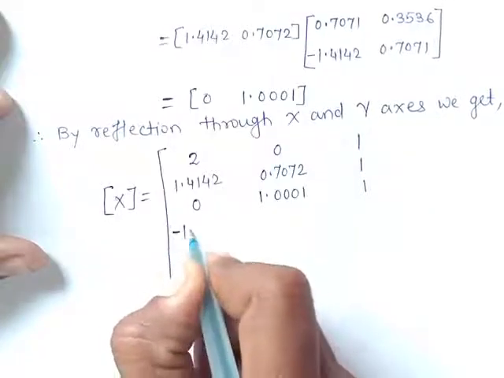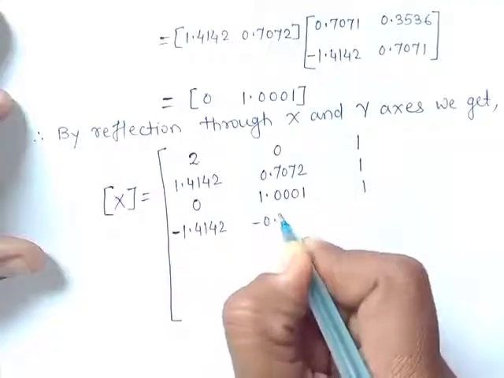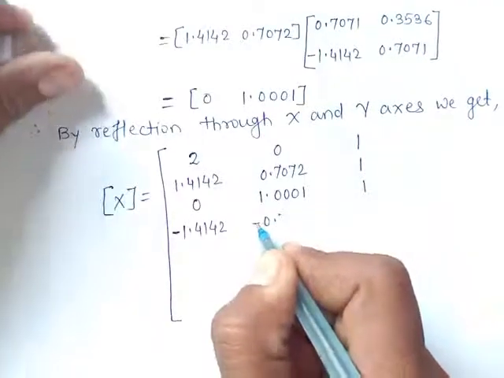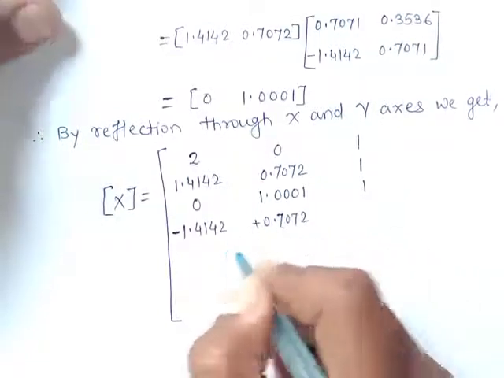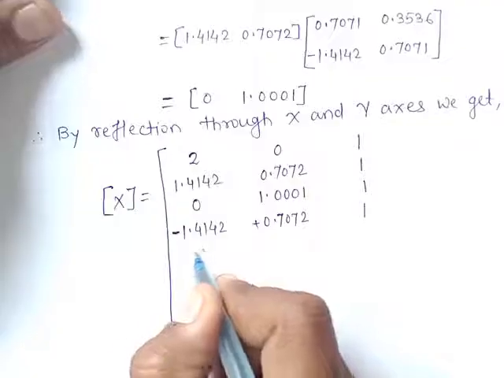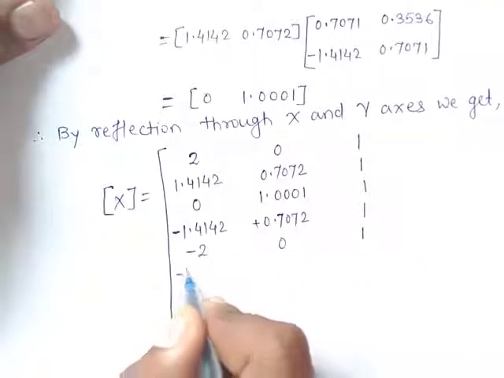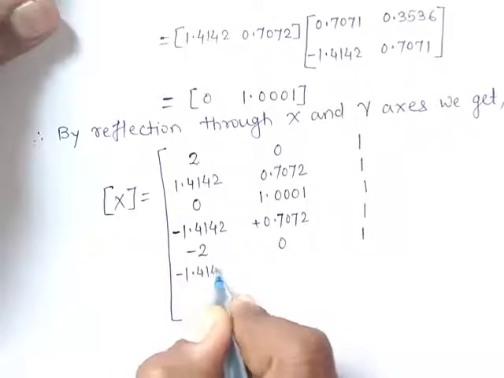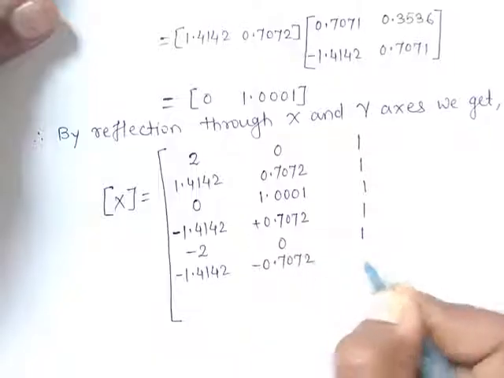P4 is minus 1.4142, plus 0.7072, 1. Then P5 is minus 2, 0, 1. P6 is minus 1.4142 and minus 0.7072, 1.